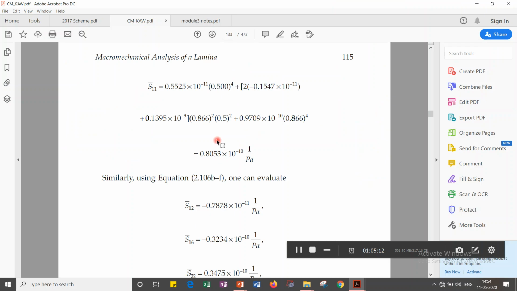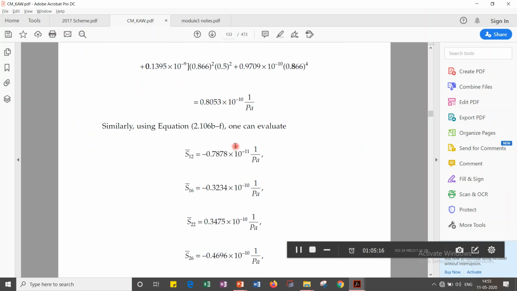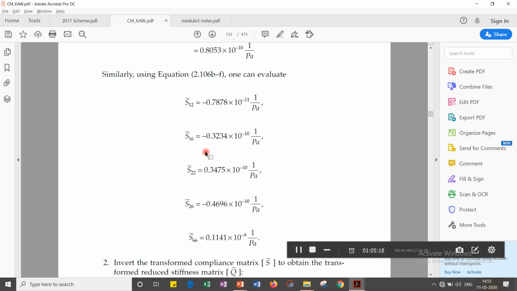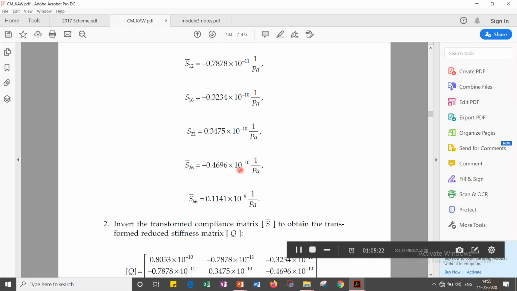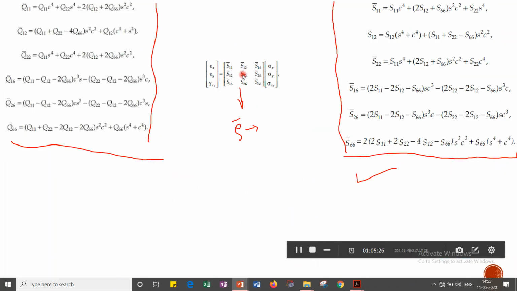One by one you have to calculate S11 bar, S12 bar, S16 bar, S22 bar, S26 bar, and S66 bar. Once you have calculated that, you have to substitute in this equation.